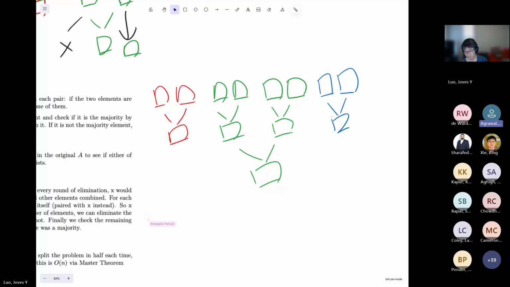At any level, the children will have a majority only if the parent level has a majority. If we try some examples, we'll see that there is no way the children will have a majority if the parent does not. So even at the last level, if you just check the current level, it should work.